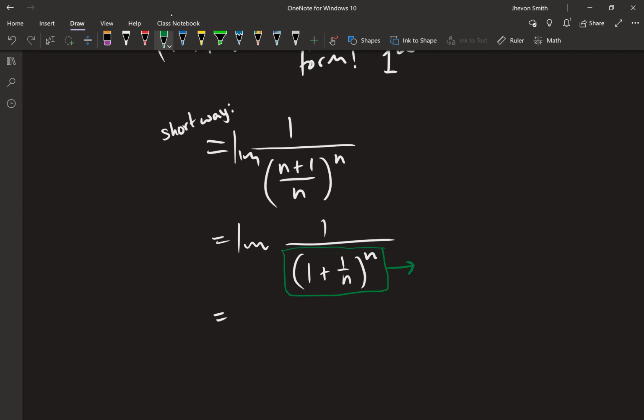No, are you forgetting it's an indeterminate form again? Technically you'd have to do L'Hopital's rule, but this is actually a definition. This is the number e. This is one of the ways e is defined. It's the main definition that you have for e at this point.